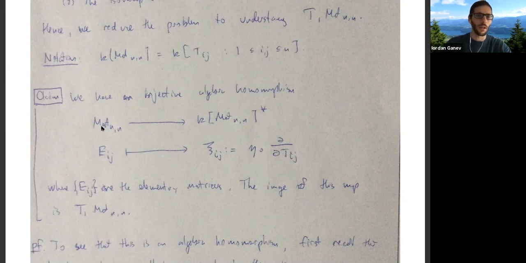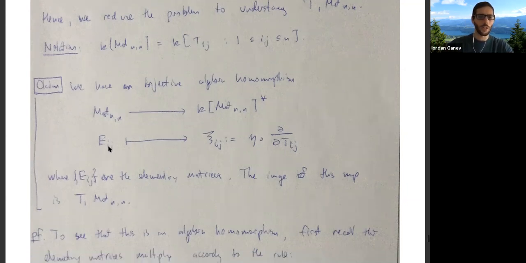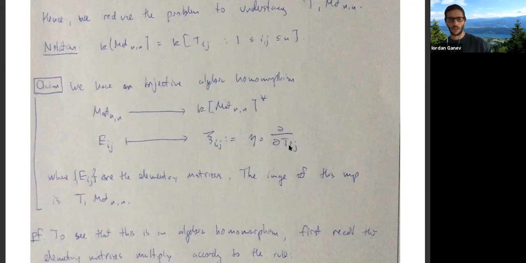Also, maybe you've seen that an algebra homomorphism doesn't necessarily need to send unit to unit. So this does not send the unit of matrices to the unit of this, I guess the co-unit as a linear function. But anyway, that's some technical stuff. So what is this map? Well, if you take the elementary matrix E_ij, so one in the ith row and jth column, zeros everywhere else, then I want to map it to what I'm going to call xi_ij, which is the following linear functional on this algebra of polynomials: we take the partial derivative with respect to T_ij, and then we apply the co-unit.